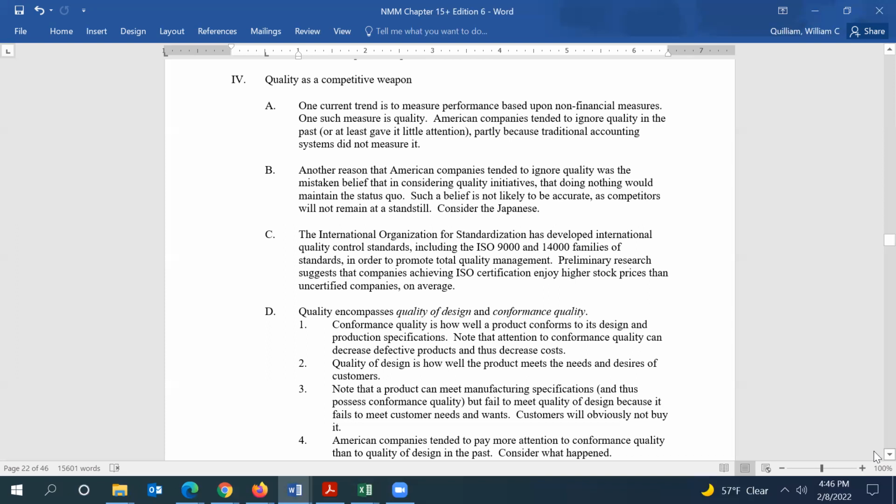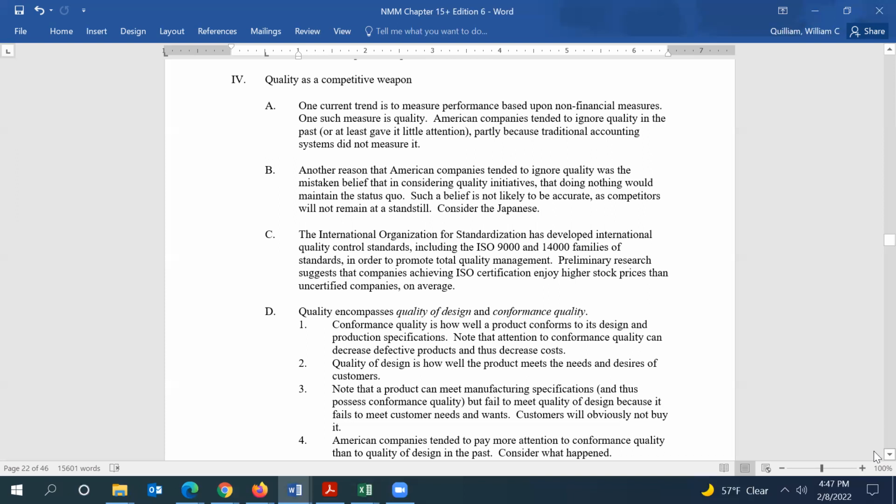Now, I don't know if you've ever seen ISO numbers, like ISO 9000, 14,000, where companies advertise them? No? Okay. Well, it's about quality. The International Organization for Standardization has developed international quality control standards, including the ISO 9000 and 14,000 families of standards, in order to promote total quality management.